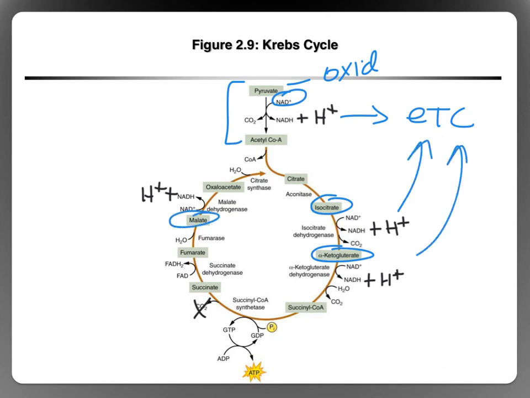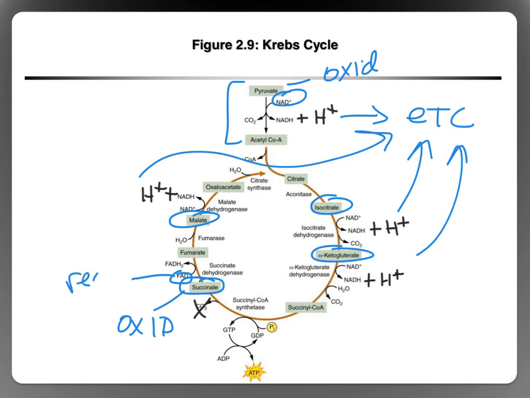Okay, they all go off to ETC. And then succinate also gets oxidized. The only difference here is that the carrier of the hydrogens and electrons is FAD, not NAD. Okay, so succinate is oxidized, but instead of those hydrogens and electrons being picked up by NAD, they're picked up by FAD. So in this case, FAD is reduced. Okay, and again, carries them off to the electron transport chain.